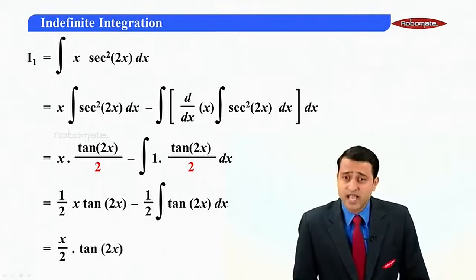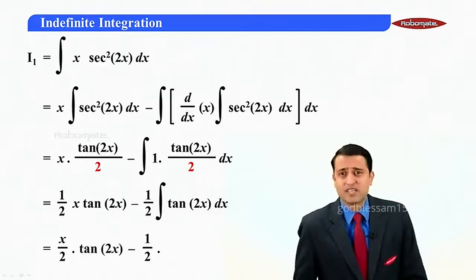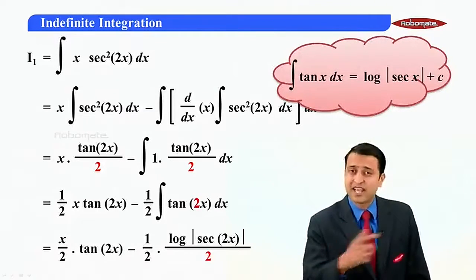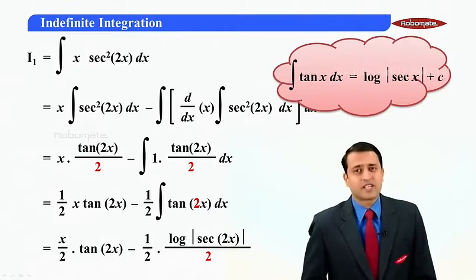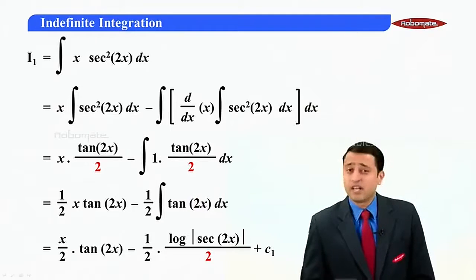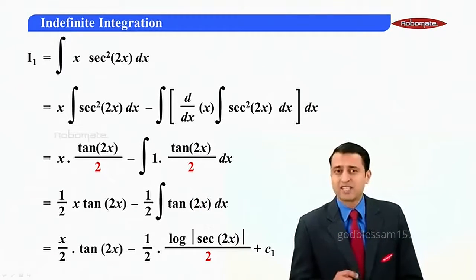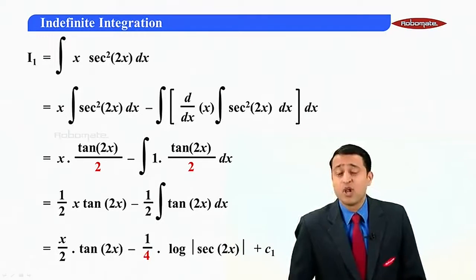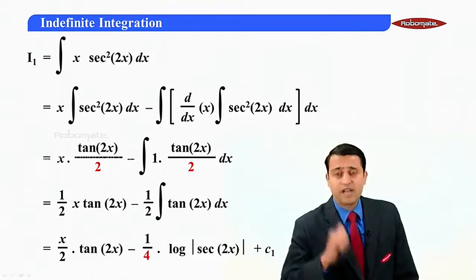Integral tan 2x, can I say log mod of sec 2x by 2, because again the coefficient of x is 2, and since integration is over, plus c1. Now the two terms in the denominator are 2 and 2. So I can multiply and write a single term, that's minus 1 by 4 log mod of sec 2x plus c1. This is integral I1.